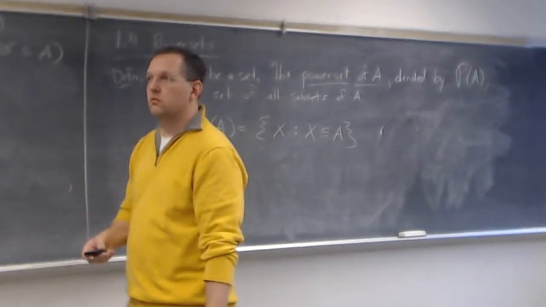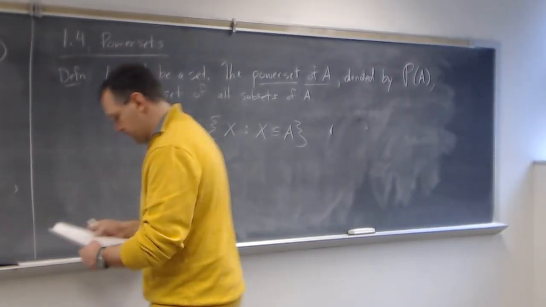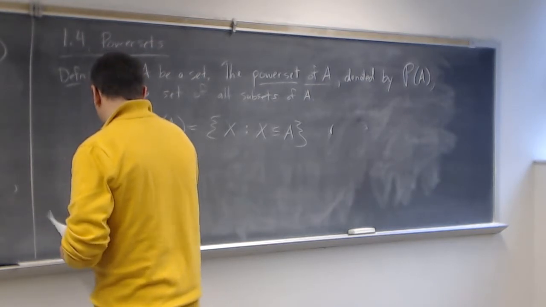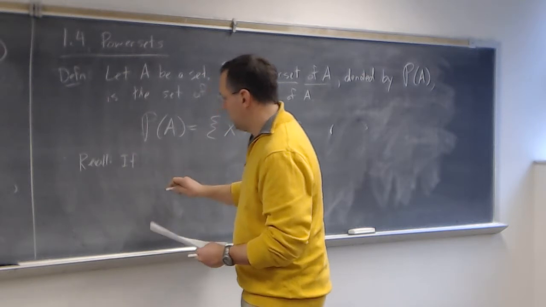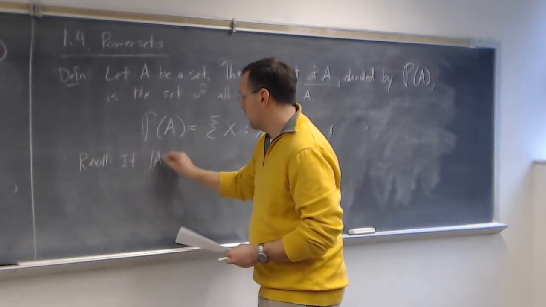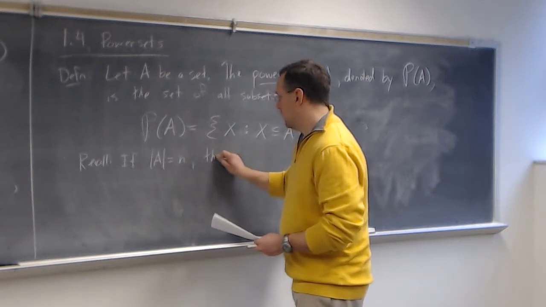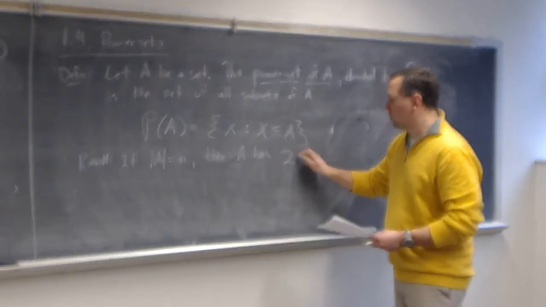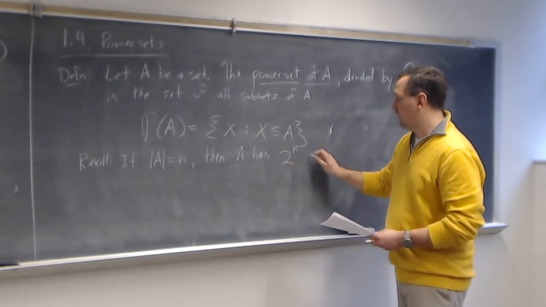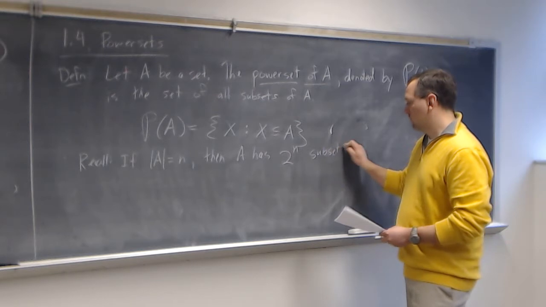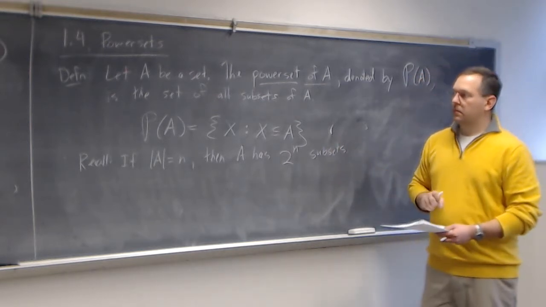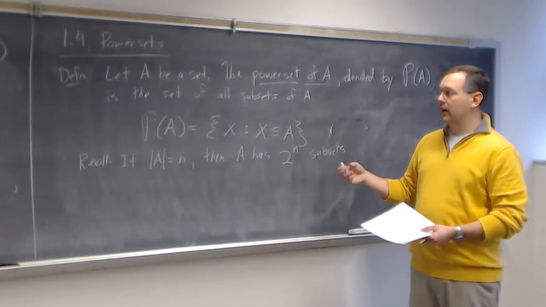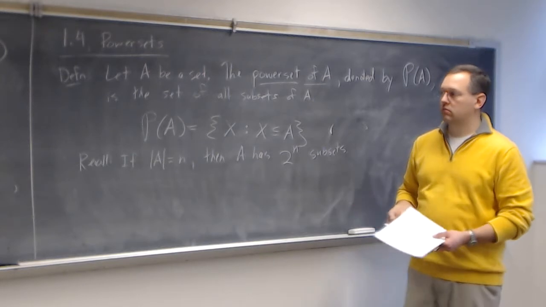So recall, if the size of A is n, then A has 2 to the n subsets. So if A has size n, then the power set of A has 2 to the n elements.